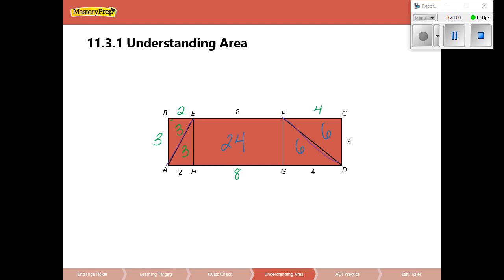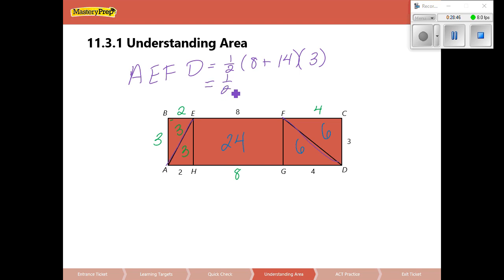How about the area of the figure AEFD? That trapezoid. So 1/2 of 8 plus, well, 14, as we said earlier, times 3, yes?